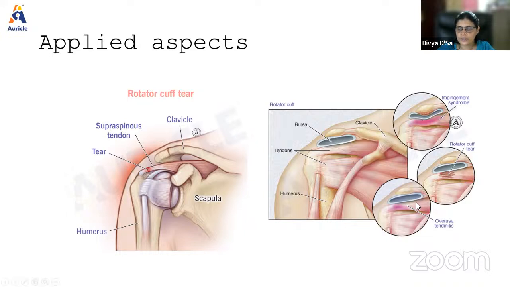Another thing is overuse. Improper use or overuse of the rotator cuff muscles, especially during rotatory movements near the shoulder joint, can also lead to overuse tendinitis, that is, inflammation of the tendinous insertion. So that is what you need to write for the rotator cuff muscles.